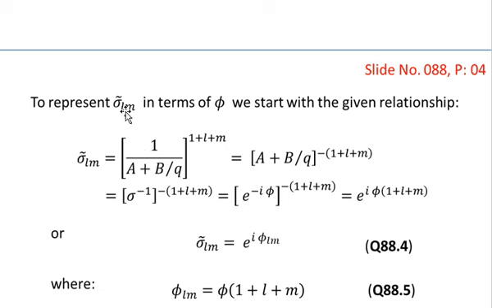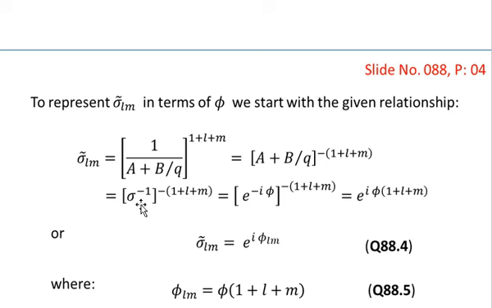To represent sigma prime L m in terms of phi, we start with the given relationship, that is sigma prime L m is equal to 1 over the quantity 1 plus B over Q raised to power 1 plus L plus m, which can be written as 1 plus B over Q raised to power minus 1 plus L plus m. And you know that we have represented 1 plus B over Q as sigma inverse. So sigma inverse raised to power minus 1 plus L plus m.